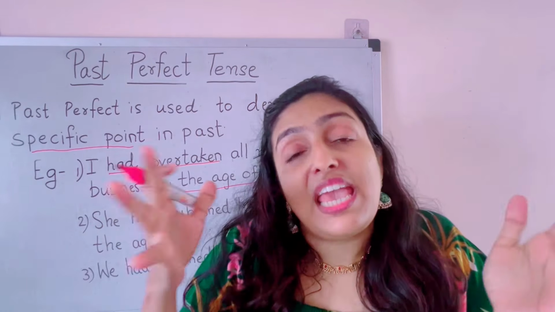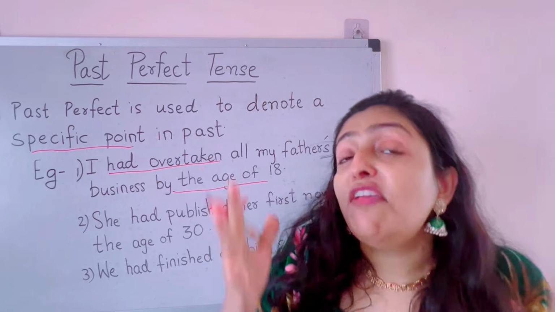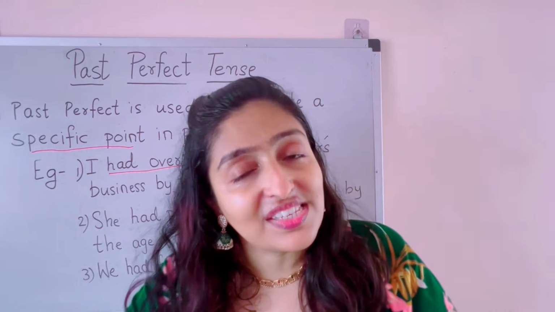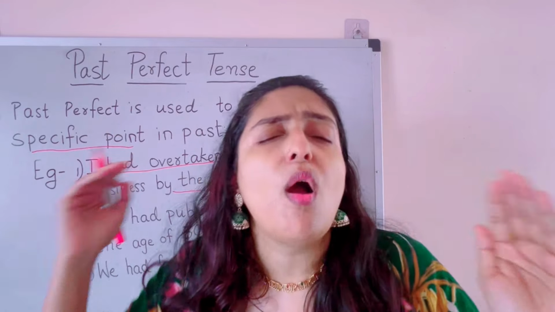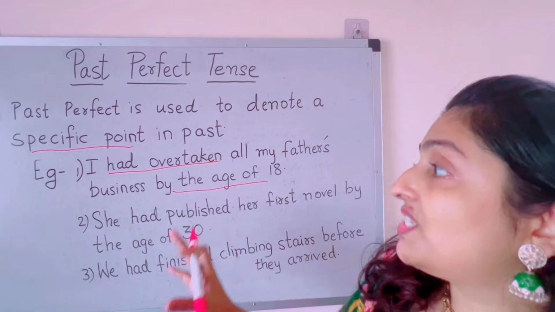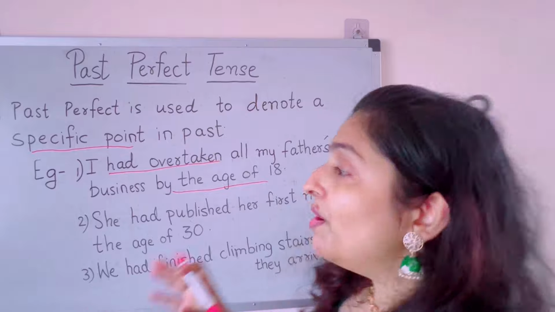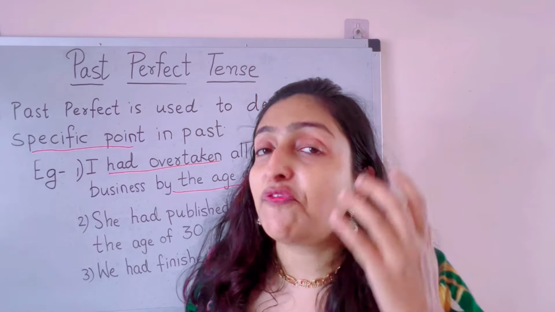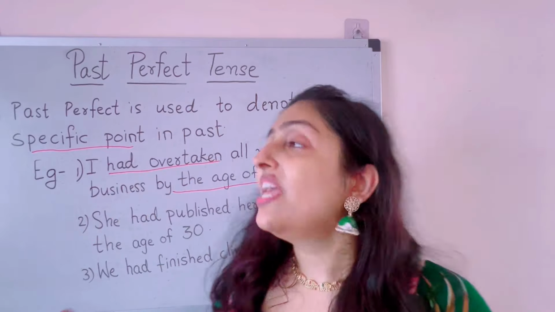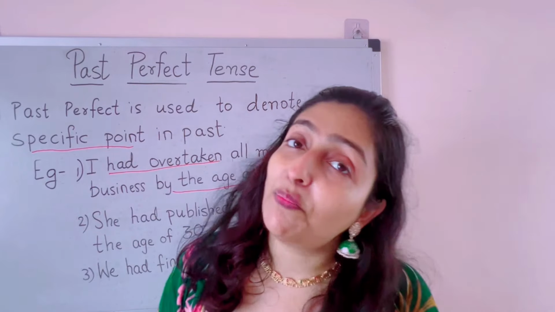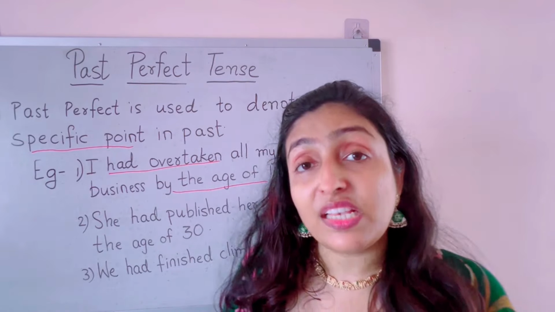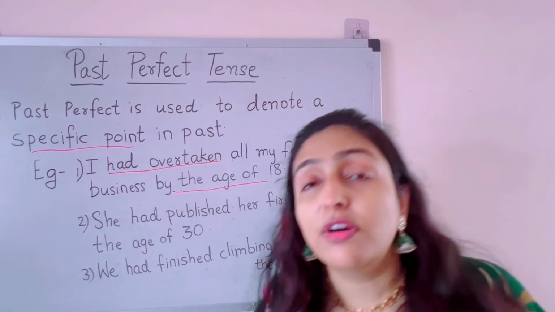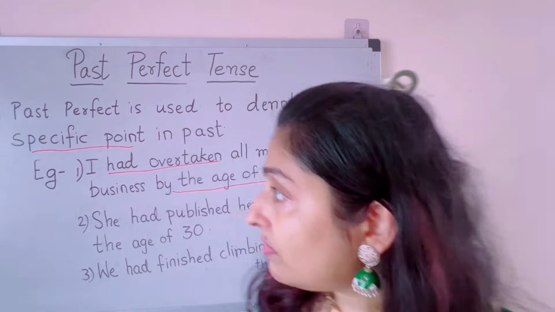At the age of 18, when he finally reached 18, he had succeeded in overtaking all of his dad's business. So whenever this specific point of time is specified, that too in the past, then we use past perfect tense. But the thing is, the action should have taken place much further in time.